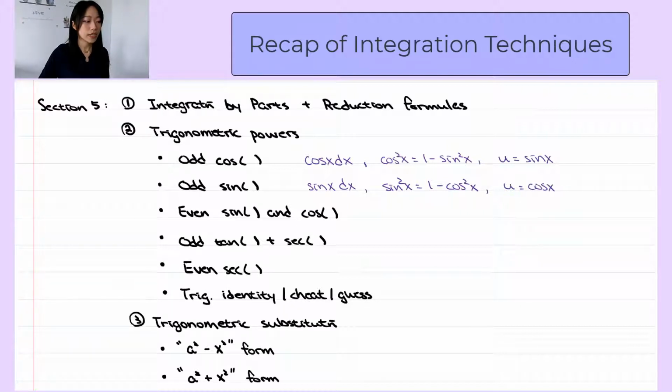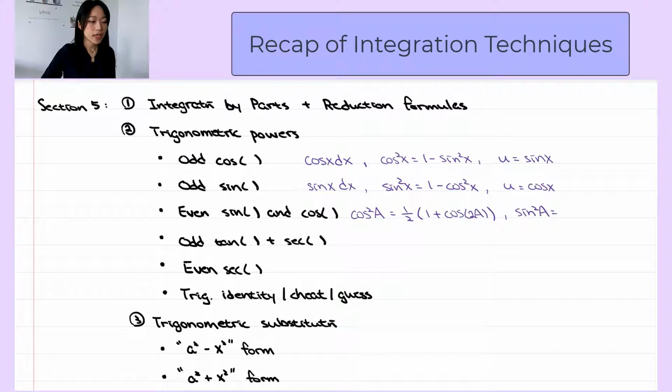And for the third case, when we have even powers of sine and cosine, we are going to use the identity cosine squared of a equals half times 1 plus cosine of 2a. And for sine squared of a, the identity is half times 1 minus cosine of 2a.